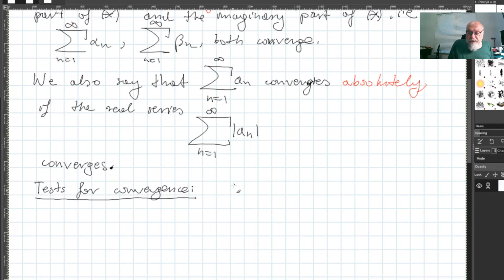And that's a little funny because I will start with the test for divergence, which basically says the following. Let me put it like this: necessary condition for convergence.